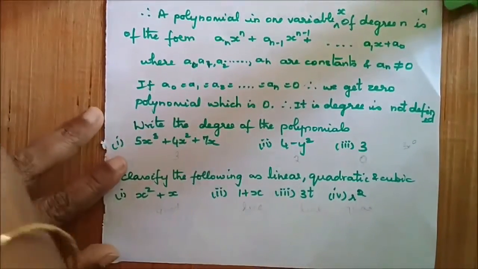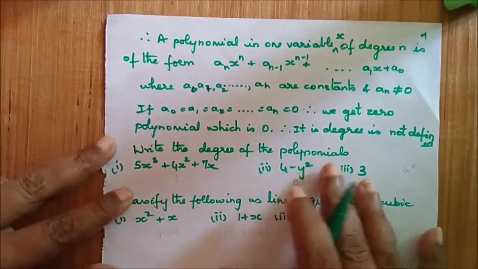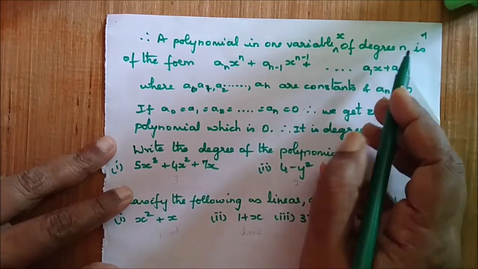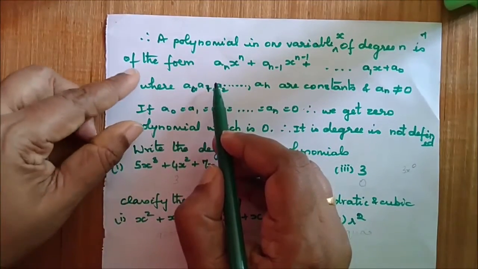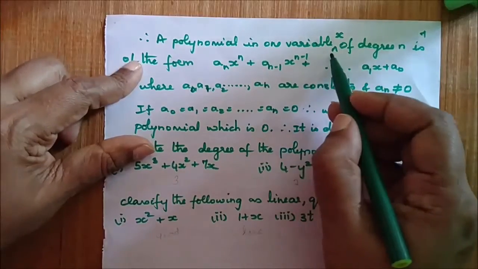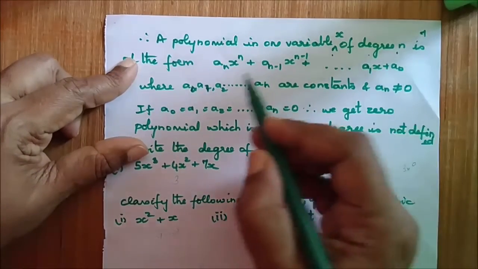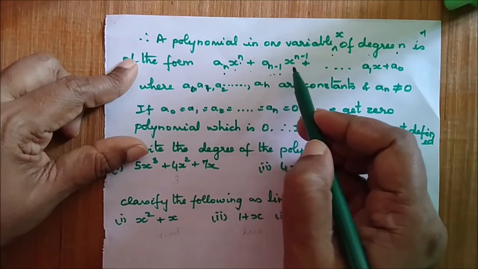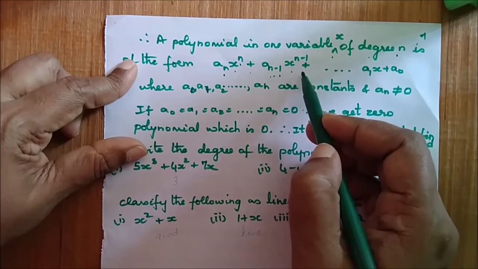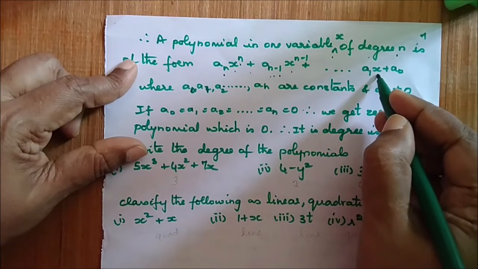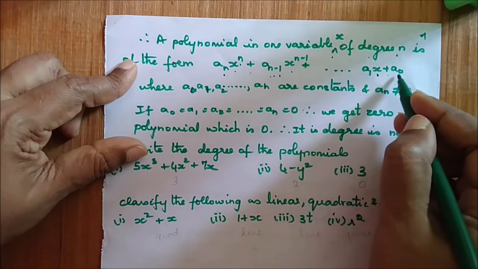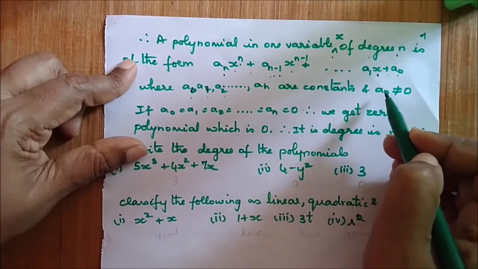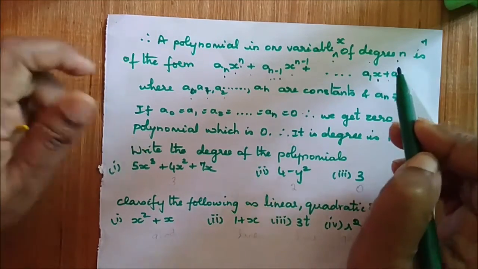Okay. Now we will have a generalized statement. A polynomial in one variable x of degree n can be written in the form a n x to the power n plus a n minus 1 x to the power n minus 1 plus, and so on, till a1 into x to the power 1 plus a0, where a0, a1, a2 up to an are constants and an is not equal to 0.